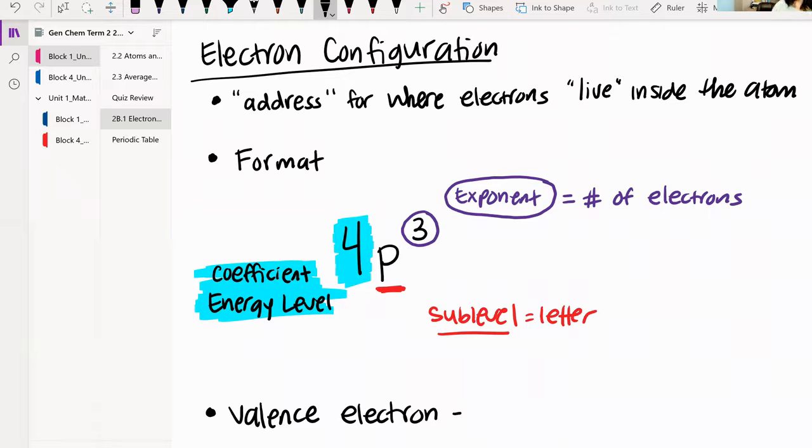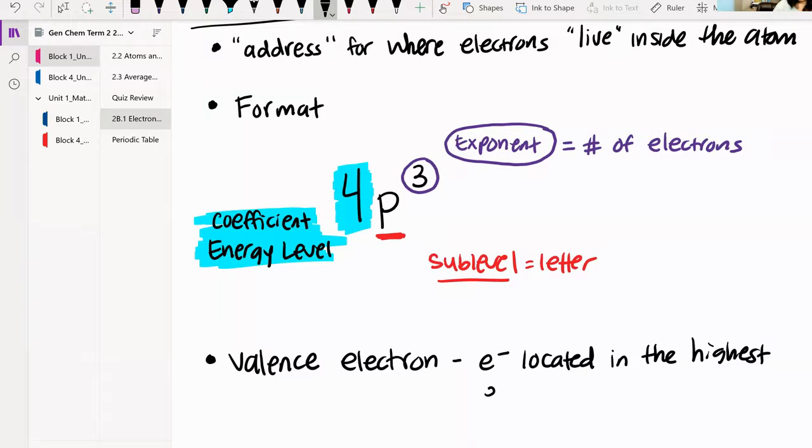Valence electron is an electron located in the highest energy level, AKA, they are the farthest from the nucleus.